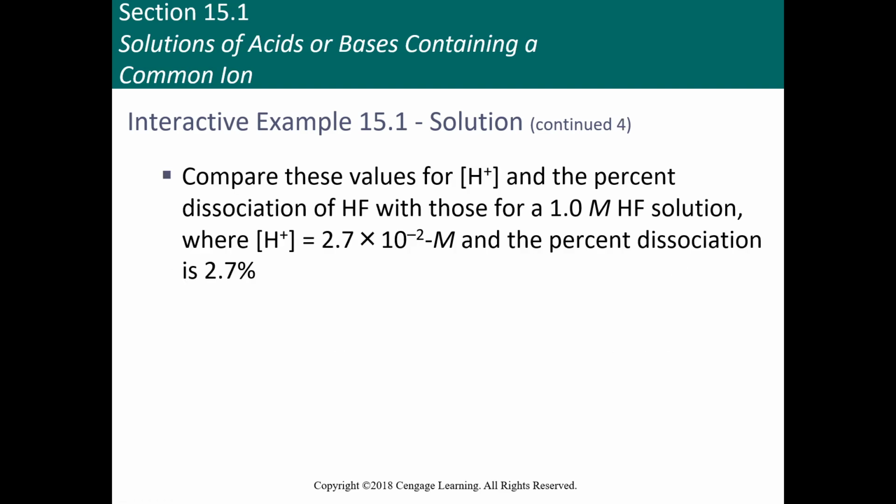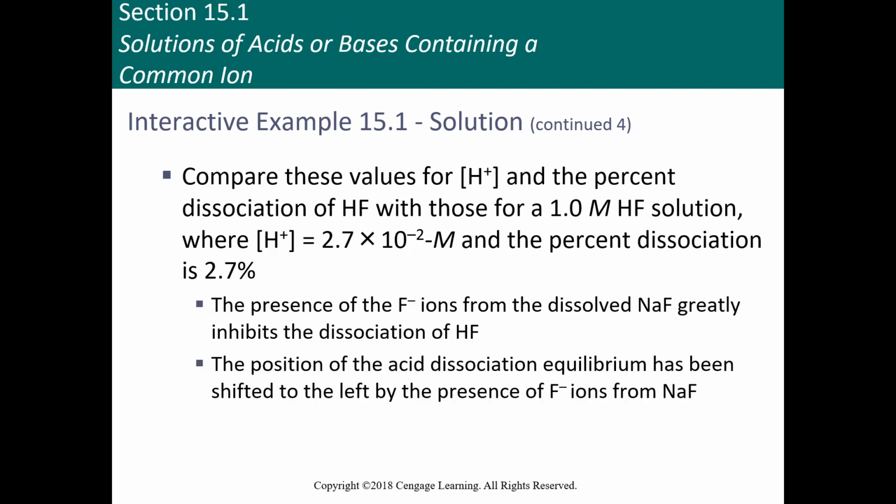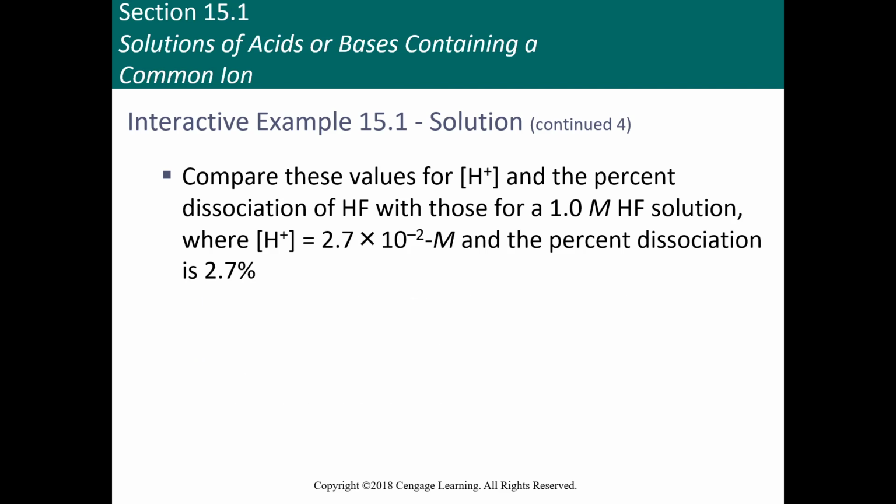All right, so let's compare these values for the H plus and the percent dissociation of HF with those that we figured out from when we added our salt. When we just looked at the HF, we found that value was 2.7 times 10 to the negative second molarity.